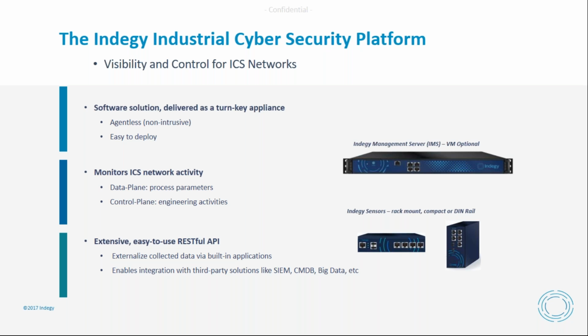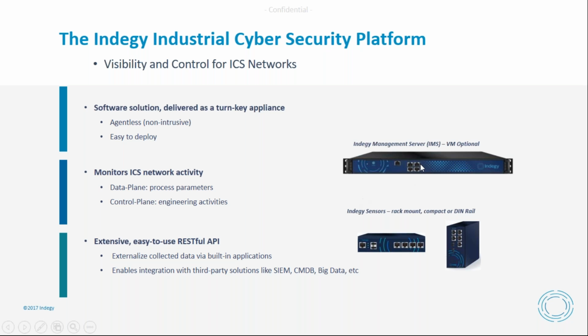You just put the management server on your network. You mirror the ports, so you go in your switches and mirror the traffic over to a port that the IMS can monitor, so it can detect all the activities going on on that network, and then it goes out and builds your inventory.